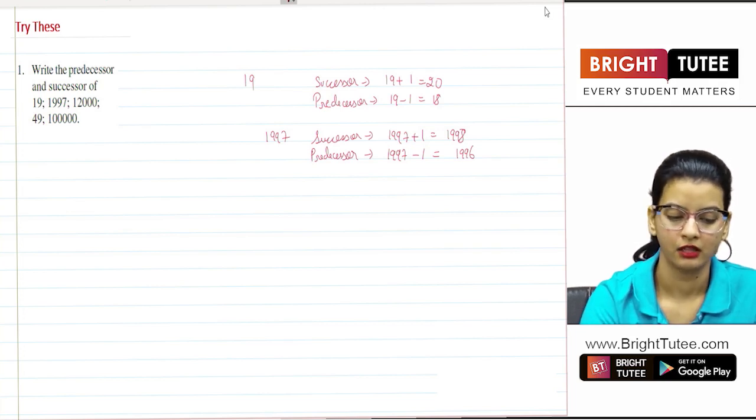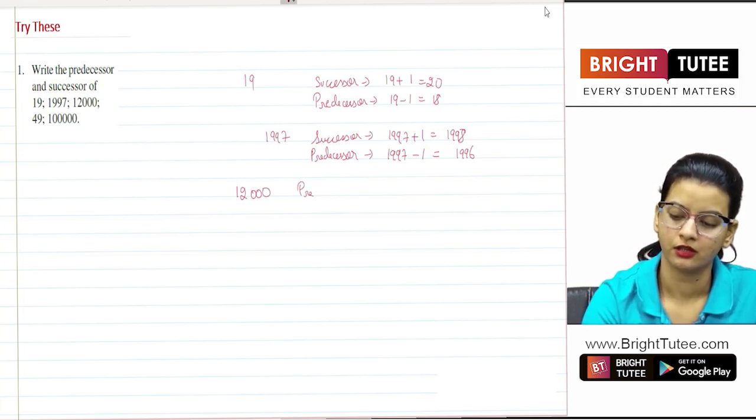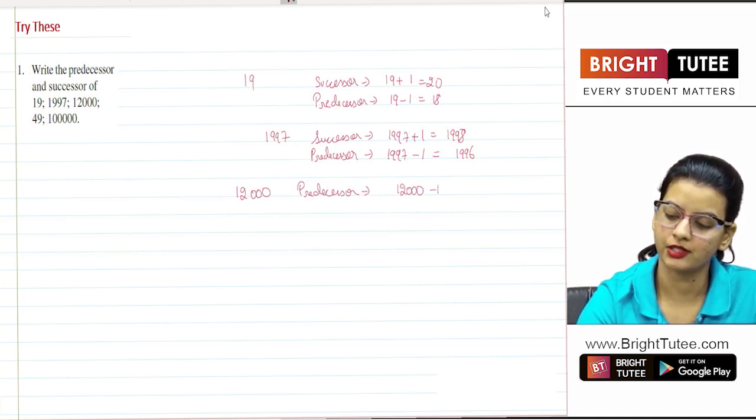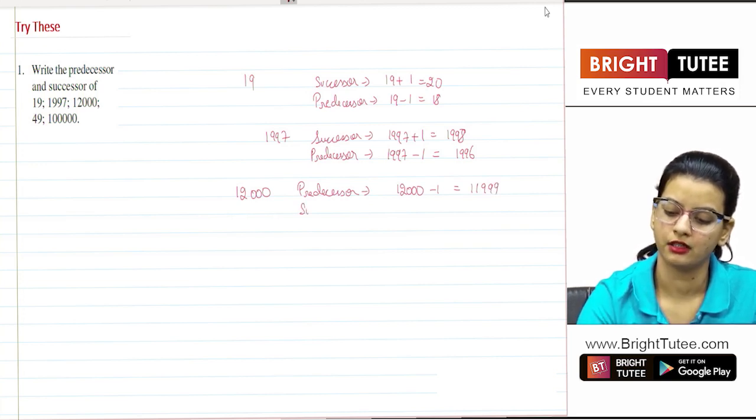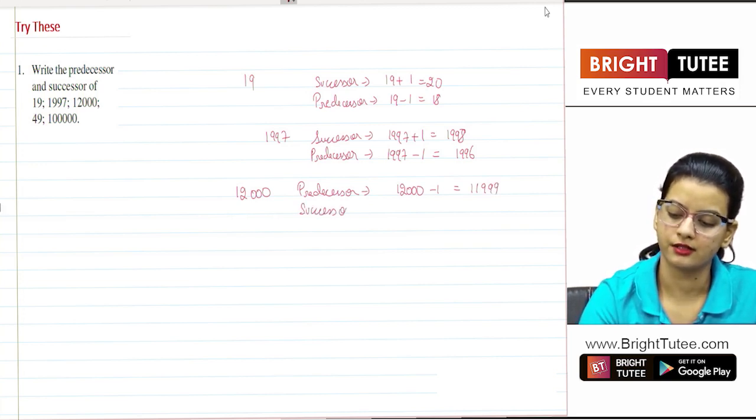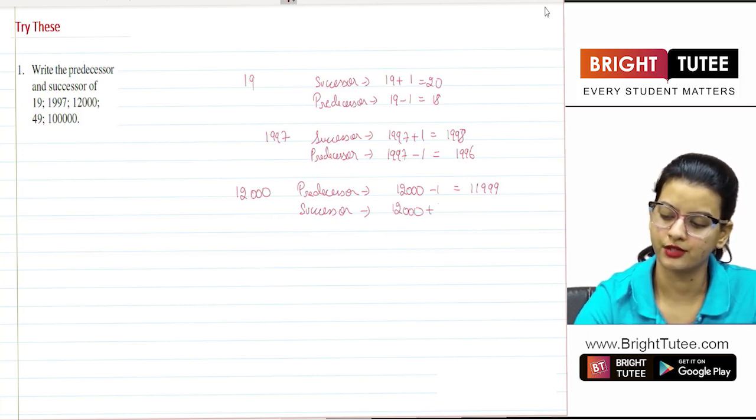Now we have 12,000. The predecessor for this is 12,000 minus 1, that is 11,999, and the successor for this is 12,000 plus 1, that is 12,001.